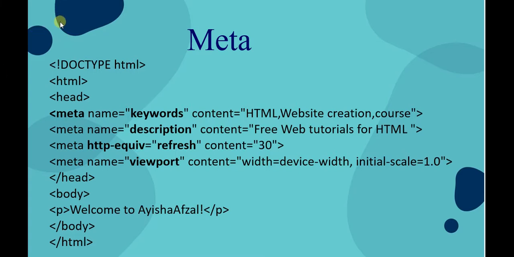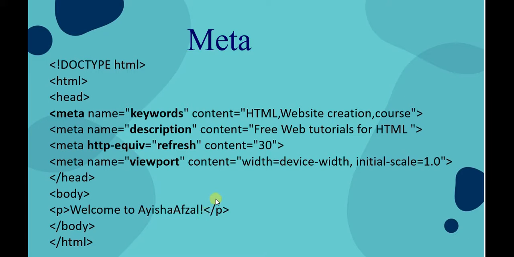This is the description. Then http-equiv equal to refresh, content equal to 30. It means every 30 seconds you want to refresh your web page. You can represent that here. Then viewport. This attribute helps you to define the structure of your website on multiple devices.